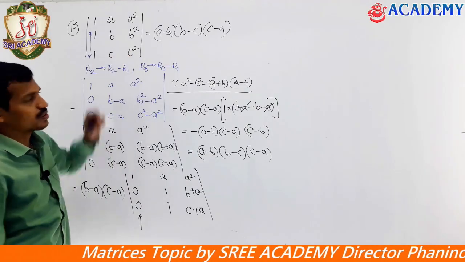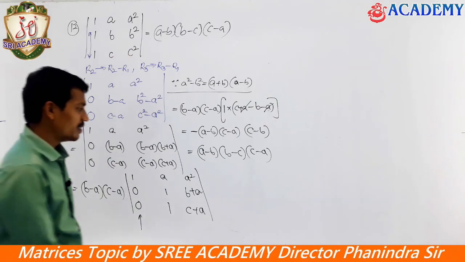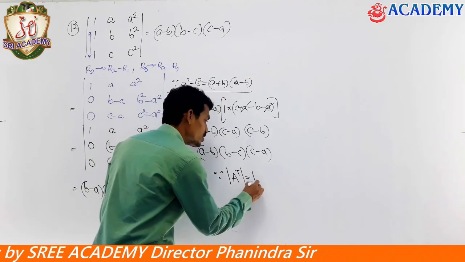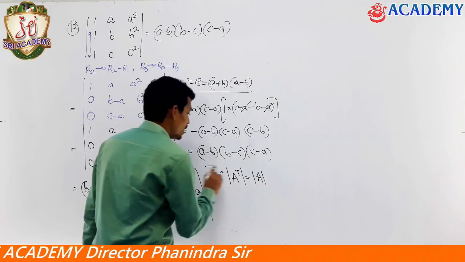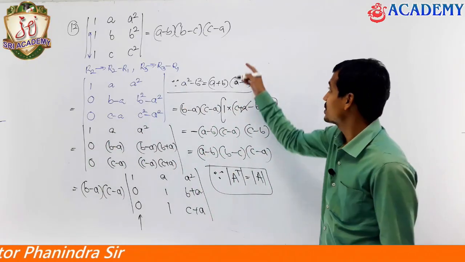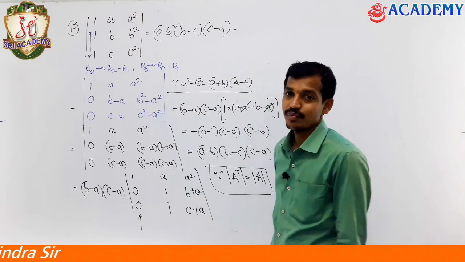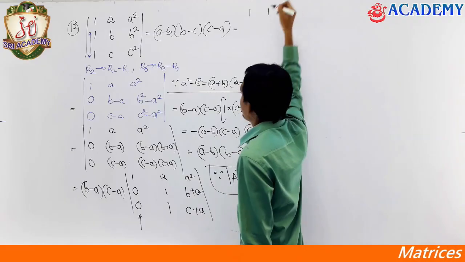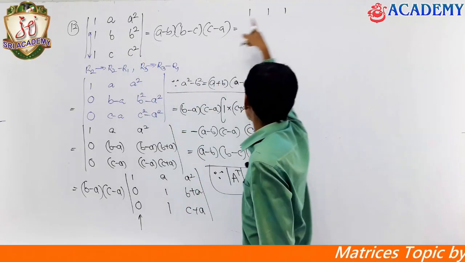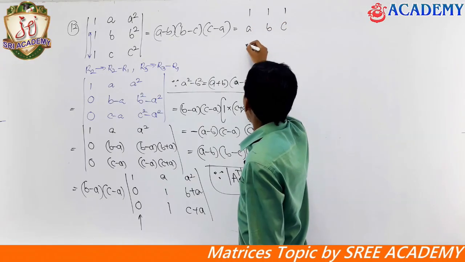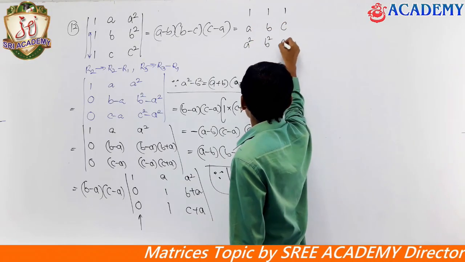Sometimes this question is going to be asked. We have one property: determinant of A transpose equals determinant of A. That is, if a matrix is transposed, the determinant remains the same. Based upon that, he will ask the question by transposing the elements. I am writing column 1 as a row: 1 1 1, a b c, a square b square c square.